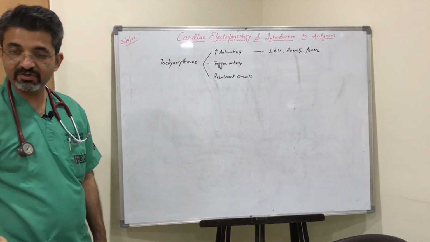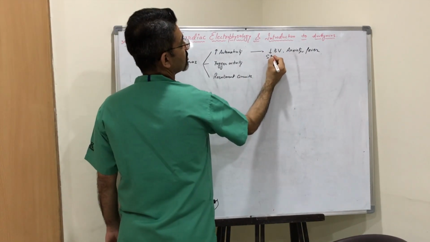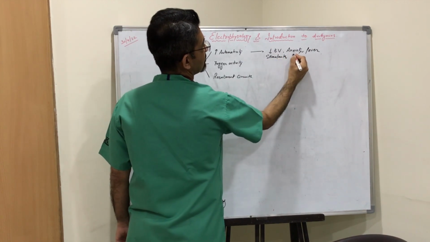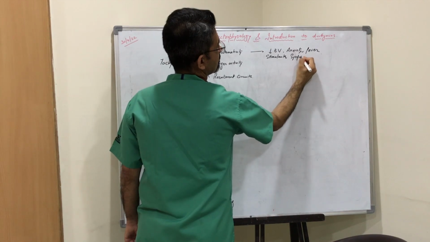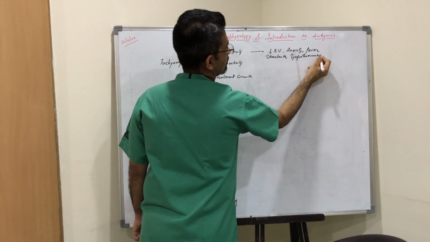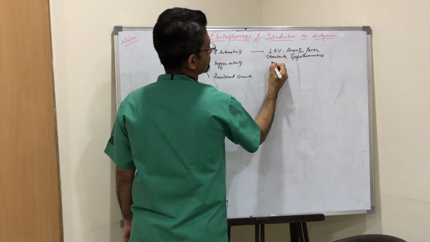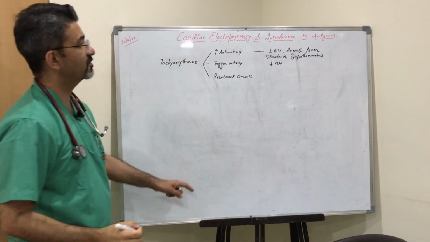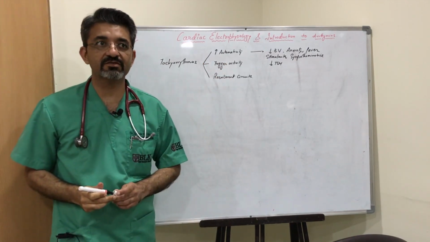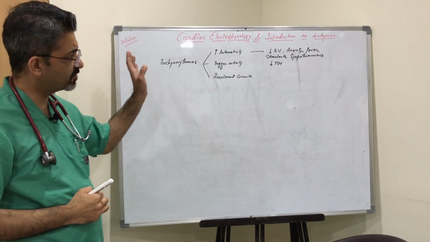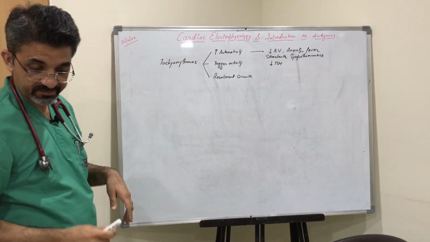So you are taking some stimulants, you are taking some sympathomimetics. You have thyrotoxicosis. So all these will result in increased automaticity, thereby giving rise to any of the tachyarrhythmias.